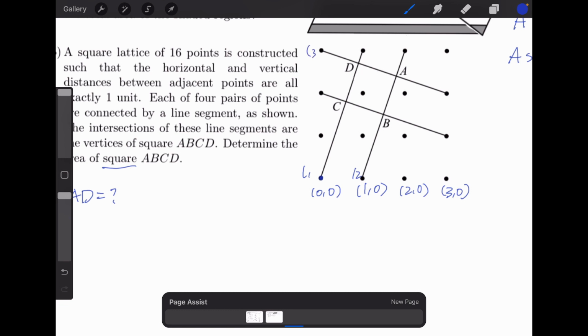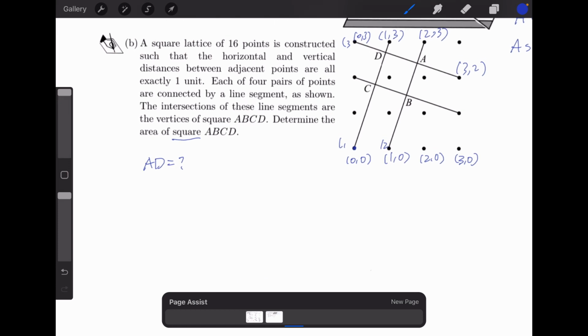For line 1, the endpoints are (0, 0) and (1, 3). For line 2, the endpoints are (1, 0) and (2, 3). For line 3, the endpoints are (0, 3) and (3, 2).